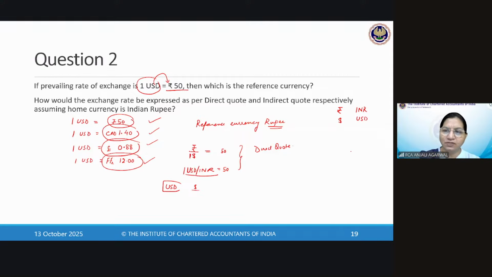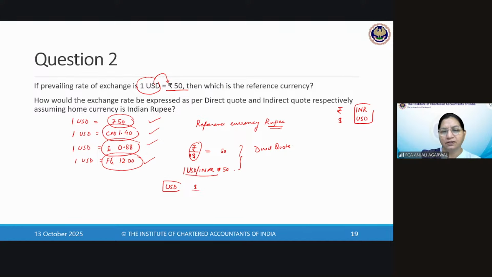Don't get confused. If you're using these, the currency which is coming first is generally 1. Reference currency is the other one. Okay? It is not USD divided by INR, or writing it as numerator divided by denominator. This is not numerator denominator. 1 USD oblique INR 50. Okay, ma'am.